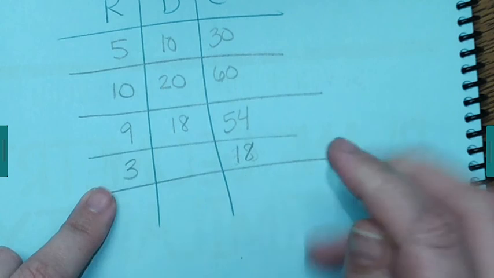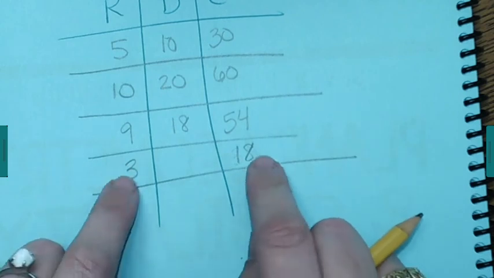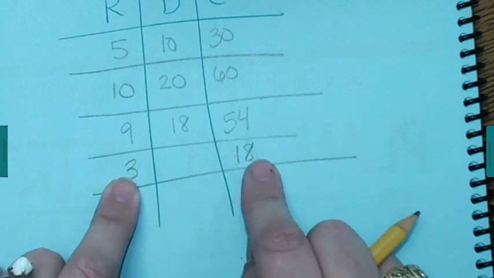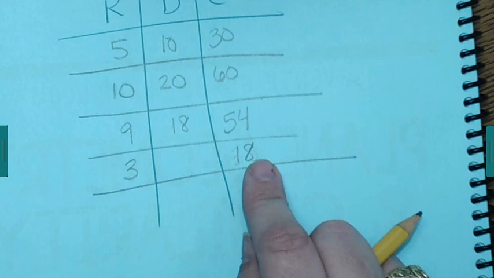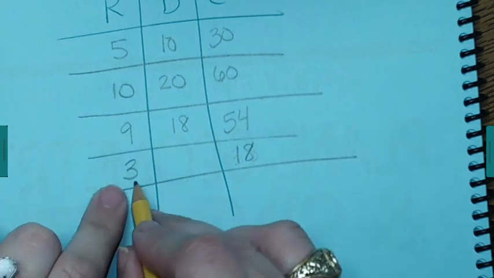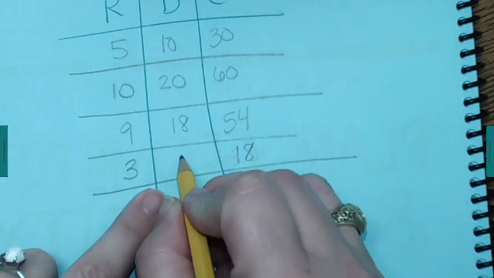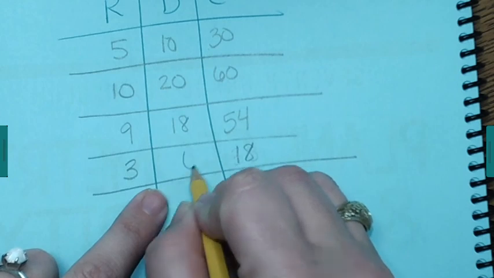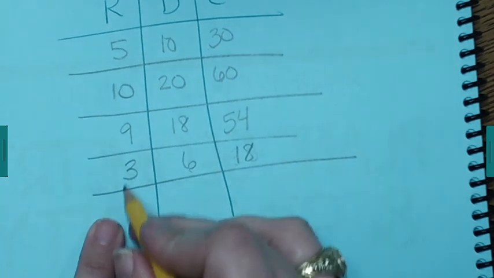Yeah. Because how do you get from circumference to radius? Divide by 6. Remember, my hula hoop had 6. I was R. And if the radius is 3, what's the diameter? 6. Yeah, because it's twice, remember?